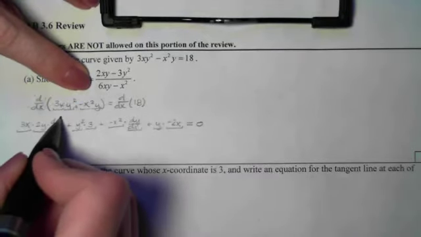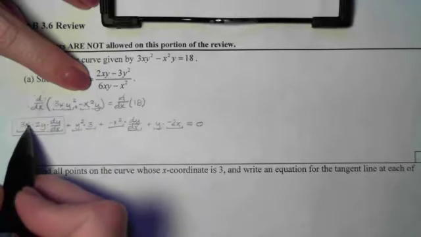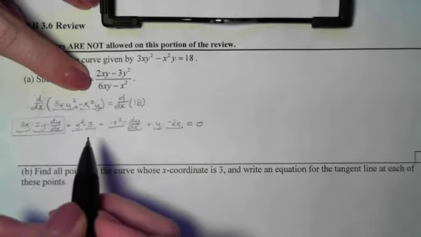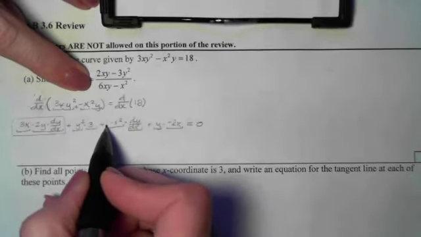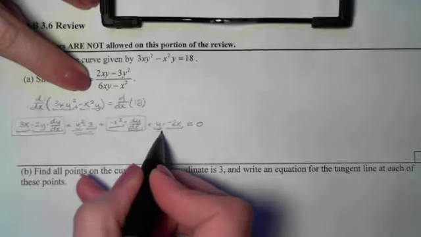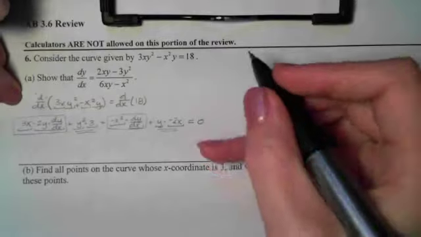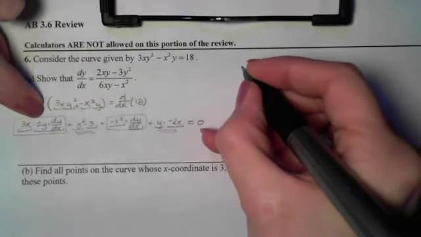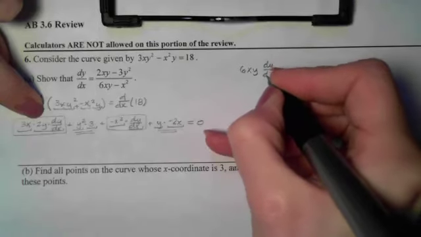Now we've got to identify the things that have dy/dx's in them. Notice that all the things that are multiplied by the dy/dx are attached to it. So we'll have one term there and another term here. That means the other two will end up on the other side. So if I complete this, I will keep this on the left, which is a 6xy times a dy/dx.